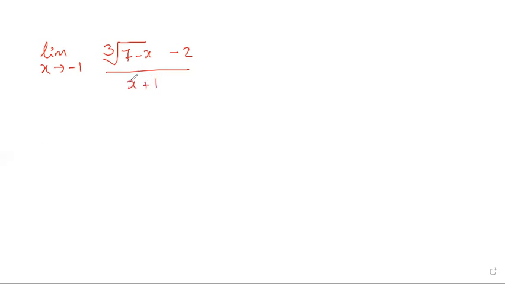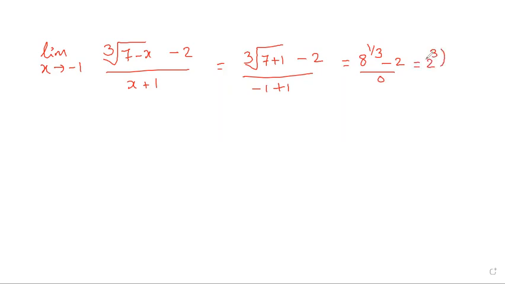Put x equal to minus 1: 7 minus of minus 1 is 8, so 8 to the power of 1/3 minus 2, over minus 1 plus 1. 8 means 2 cube, so the cube root is 2, and 2 minus 2 is 0, over 0: an indeterminate form.